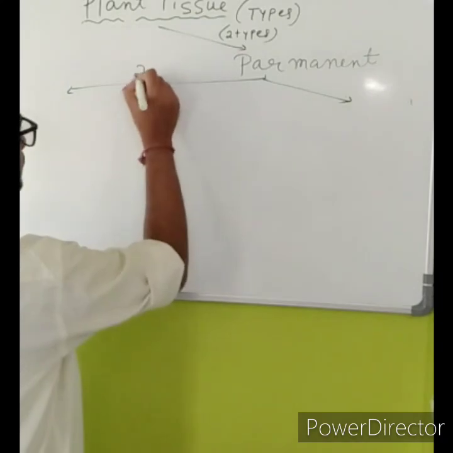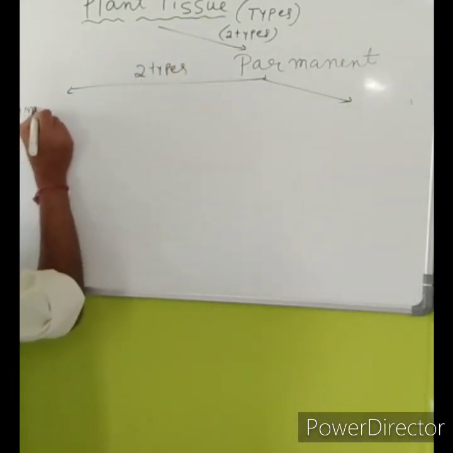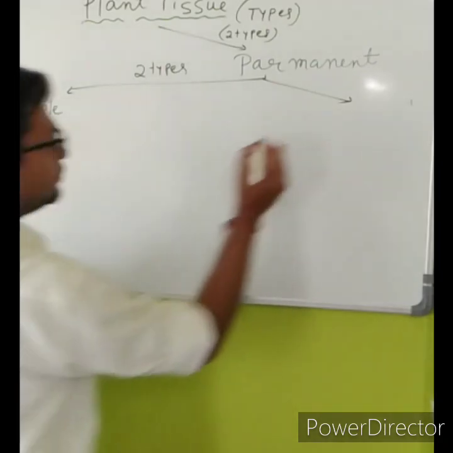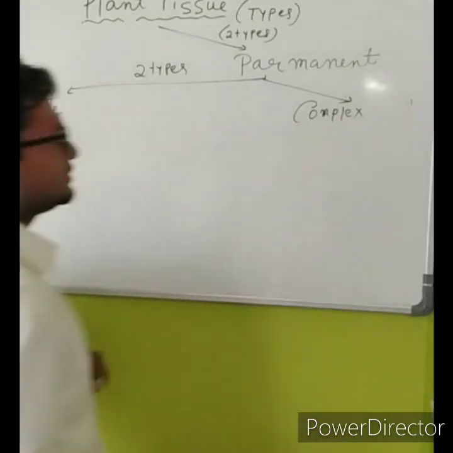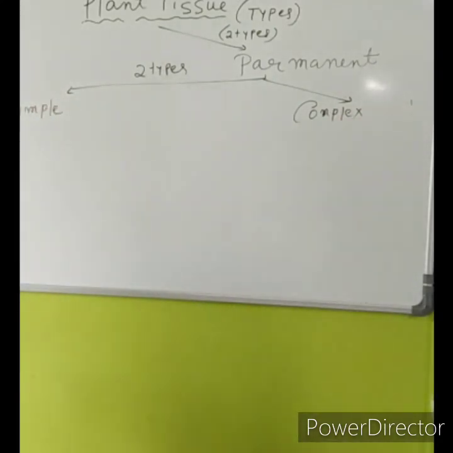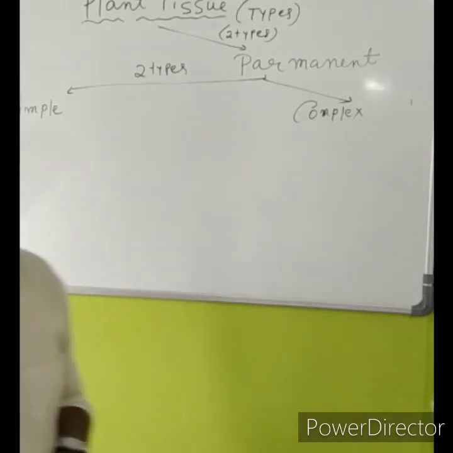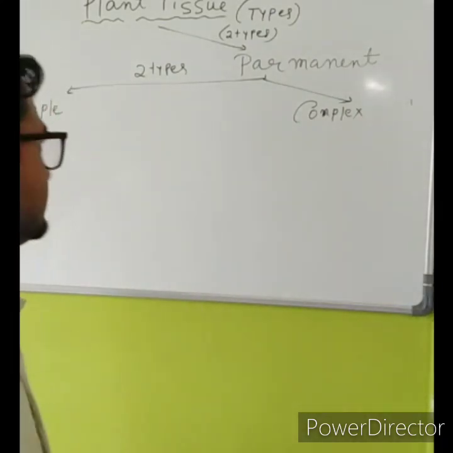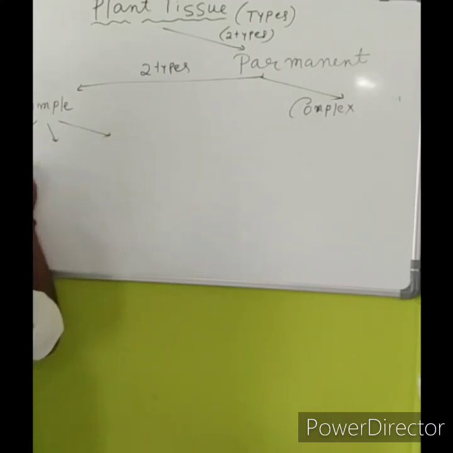Permanent tissue can be defined as a group of cells having lost the power of cell division. They are of two types, that is simple permanent tissue and complex permanent tissue. The simple permanent tissue has only one type of cells. Simple permanent tissue is of three types.